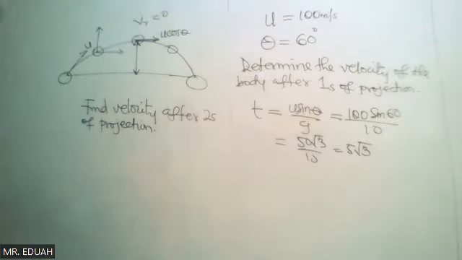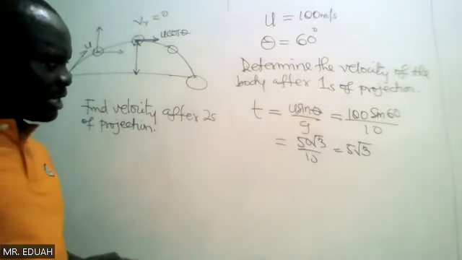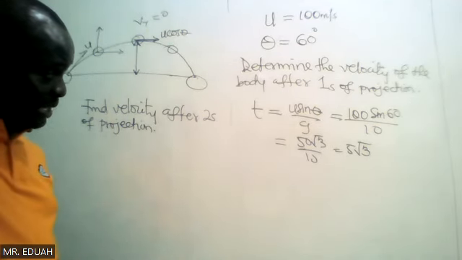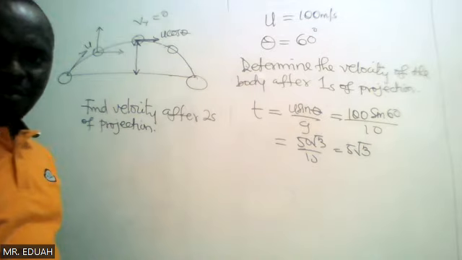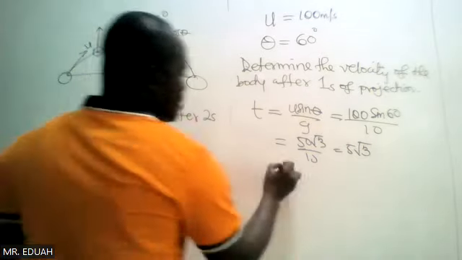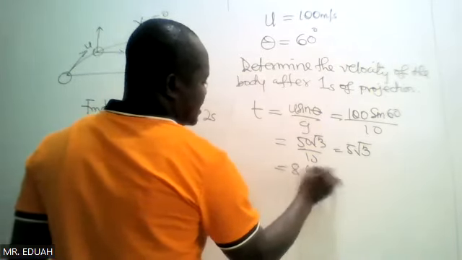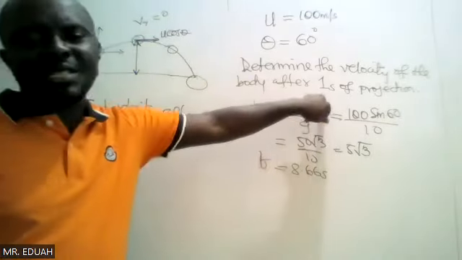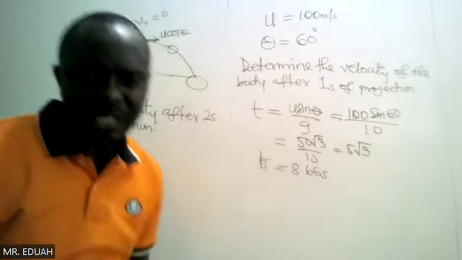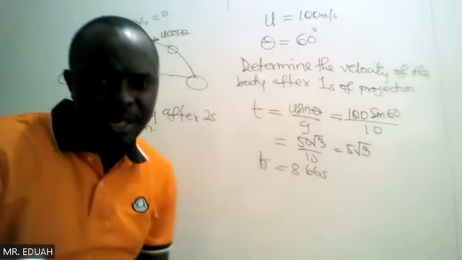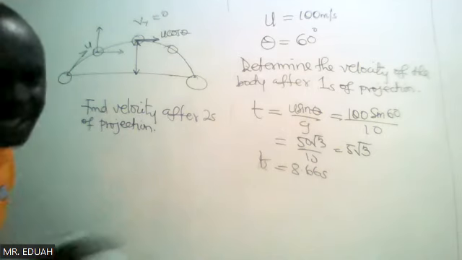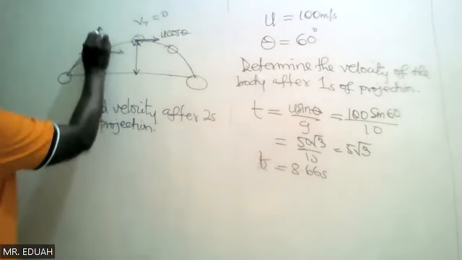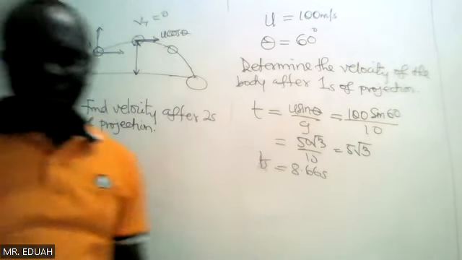What is 5 root 3 in decimal figures? 8.66. So 8.66 seconds. So it means that after 1 second, the body is not at the maximum height. If the body is not at the maximum height, then there are two velocities acting on the body, the vertical one and the horizontal one.